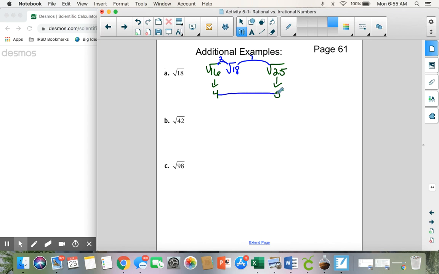So if I put this on a number line between 4 and 5, it's going to be approximately right here. So my square root of 18 is going to be approximately right there next to the 4. So an estimate that I have is that it's going to be approximately 4 1/10. And I'm not positive on this, but based on this process, I'm going to say it's approximately 4 1/10.